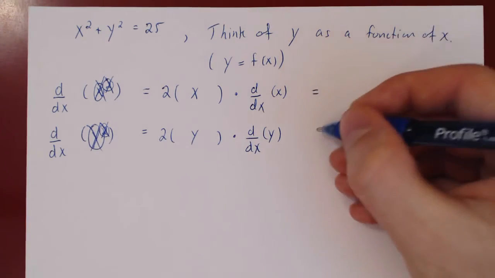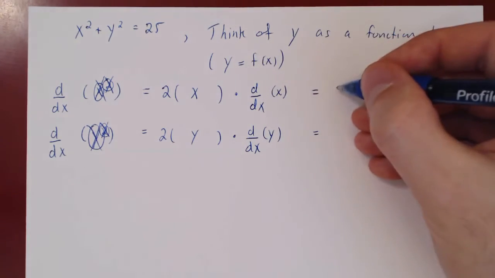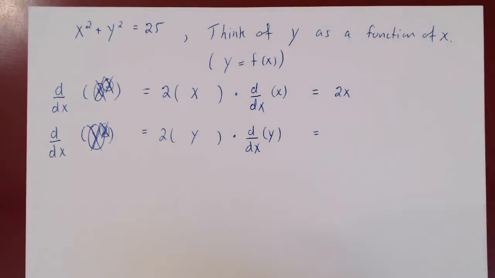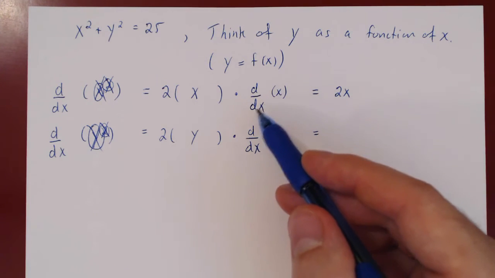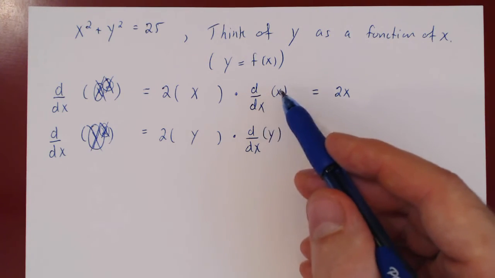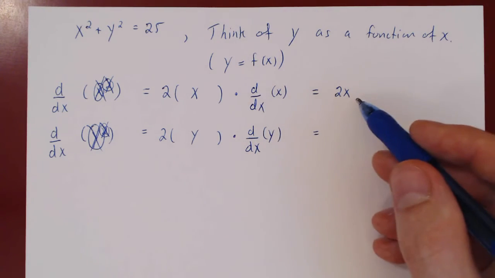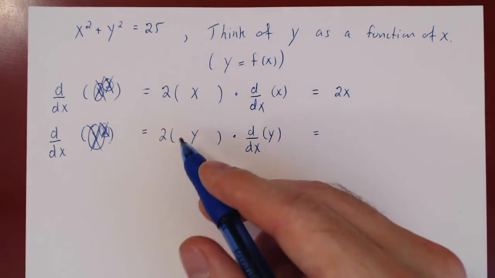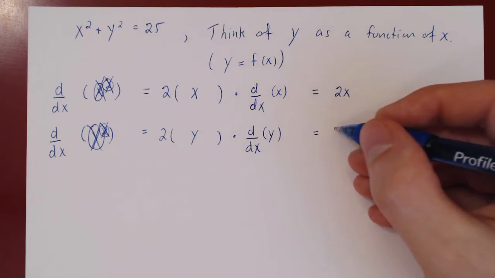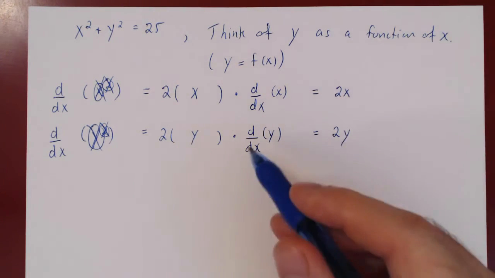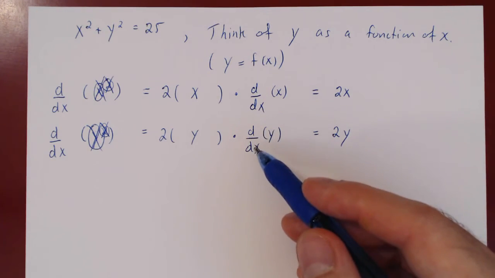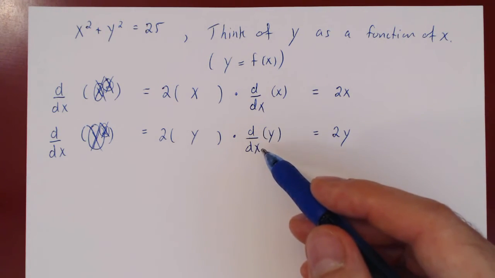And let's see what we have now. We have 2x times the derivative of x with respect to x, but the derivative of x is simply 1, so we're left with 2 times x. And now let's look at this case, 2 times y times the derivative of y with respect to x, dy over dx.